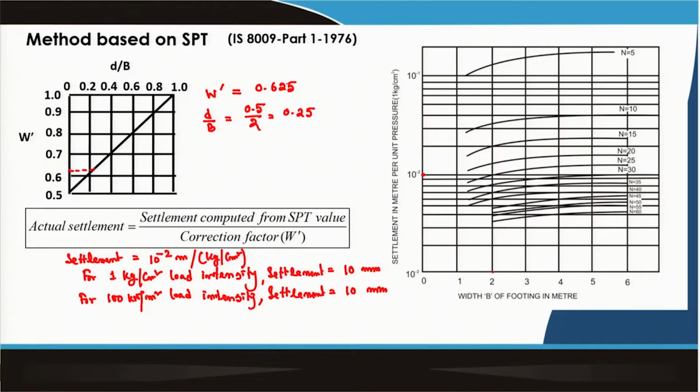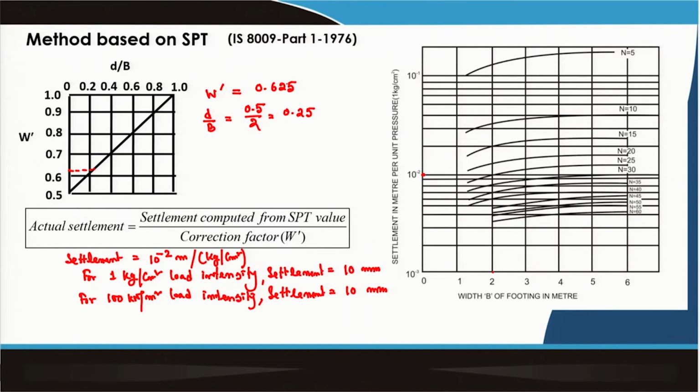Because your bearing capacity reduces by 50%, or settlement you can increase by 2 times, but here it is not 0.5, it is 0.625.